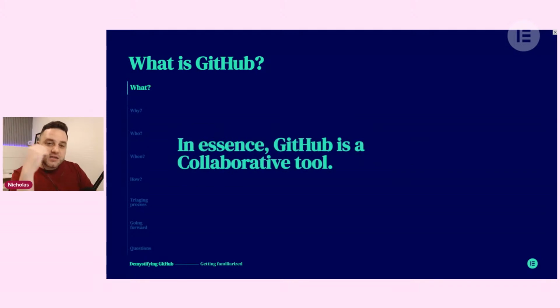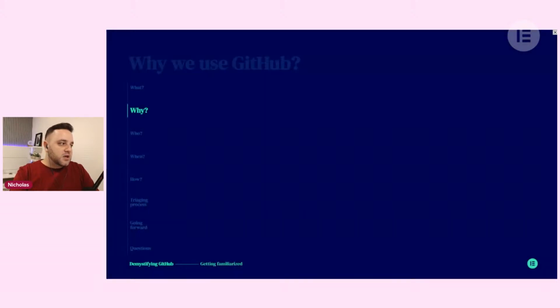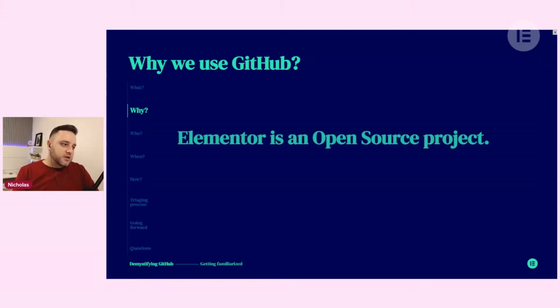But in essence, GitHub is also a collaborative tool. This means that more than one developer can collaborate and share their changes to the code. This is part of the core of Elementor, which is why we use GitHub. Elementor is an open source project, and collaboration is at the heart of Elementor.